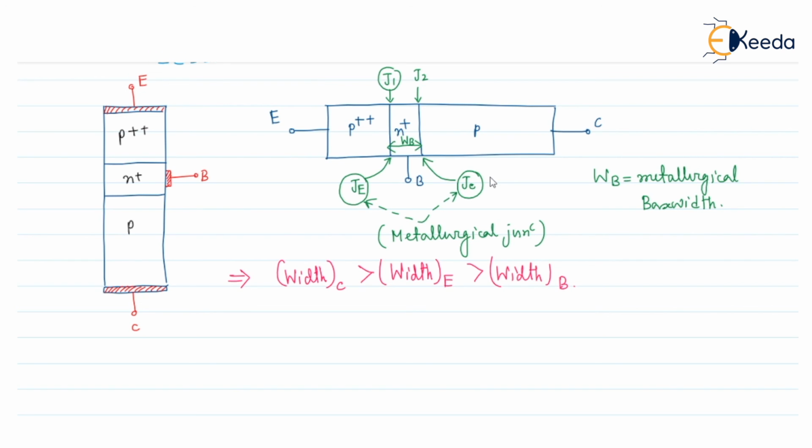Similarly, if the doping concentration of the emitter region is NE, the doping concentration of the base region is NB, and the doping concentration of the collector region is NC, then we can write that the doping concentration of the emitter region will be very much greater than the collector doping concentration, and the base region doping concentration is greater than NC, that is the collector doping concentration.